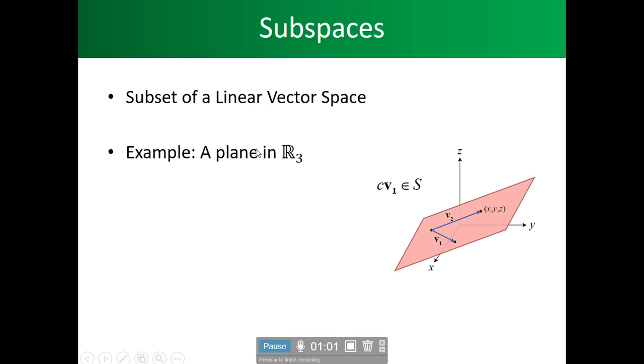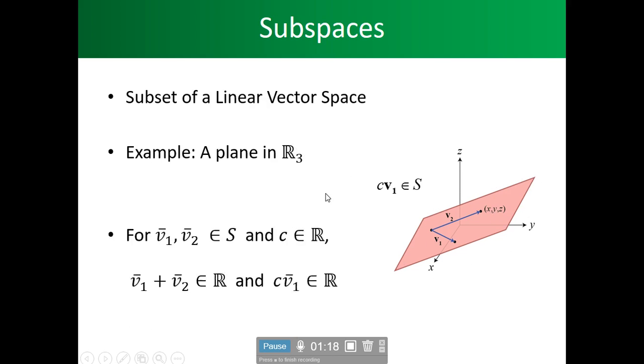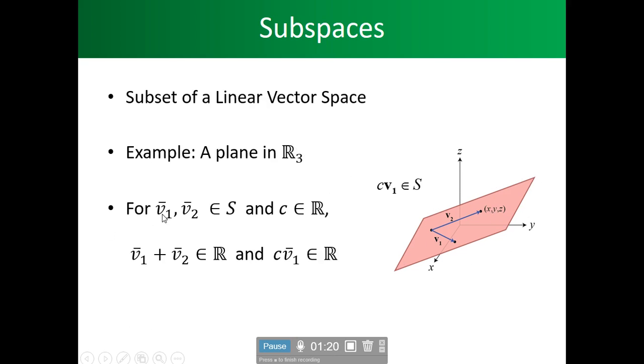Okay, as an example, a plane in 3 dimensions. So this is a plane, okay, and this is a linear vector space, a subspace. That's what we're looking at. This one is R3. The 3 represents the 3 dimensions, x, y, z. Okay, for V1 and V2, elements of the what? Of the subspace.